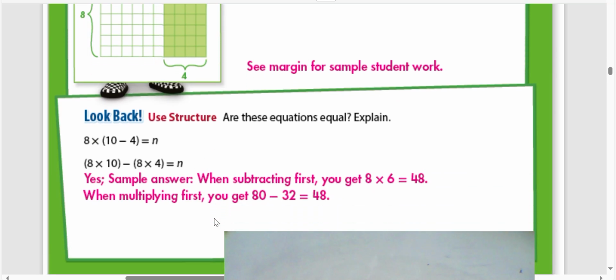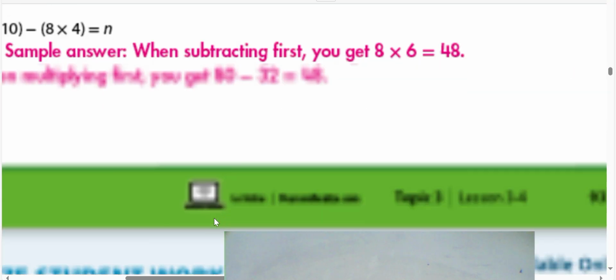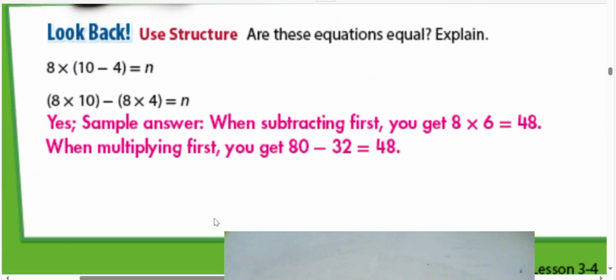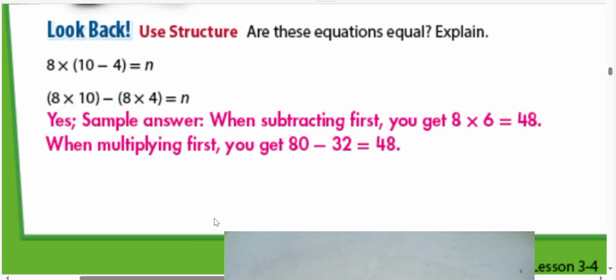Okay. 80 minus 32 equals 48. Now, we ask you this equation. Use structure: are these equations equal, and explain. Yes, they are equal using distributive properties. When subtracting first, you get 8 times 6 equals 48, and when multiplying first, you get 80 minus 32 equals 48.